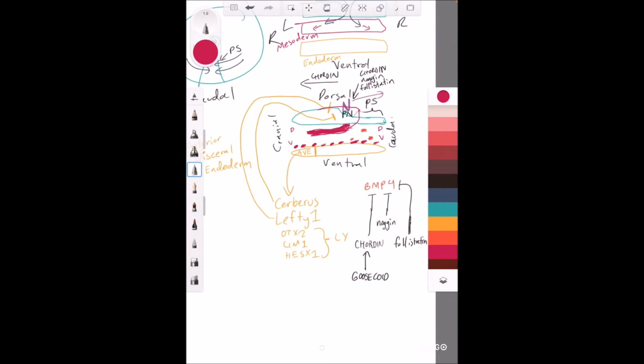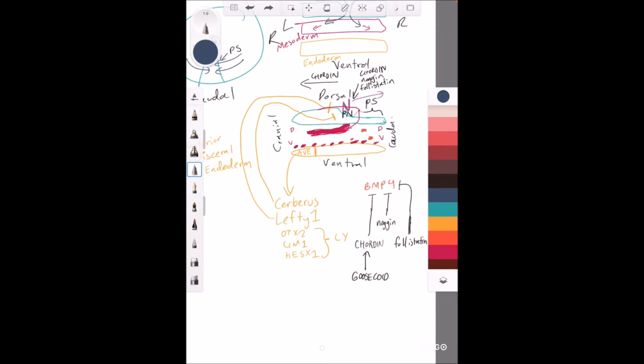Okay, great. Now we've got a notochord. And if you remember, notochord stimulates the development of the neural plate up here. Once the notochord develops, then we can have the neural plate. So let's go over this pathway one more time. Goosecoid will activate chordin, and along with noggin and follistatin, chordin will inhibit BMP4, which then allows us, once BMP4 is gone, to have the notochord forming.